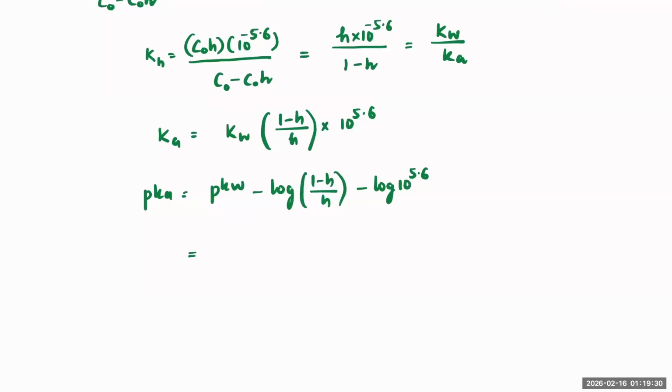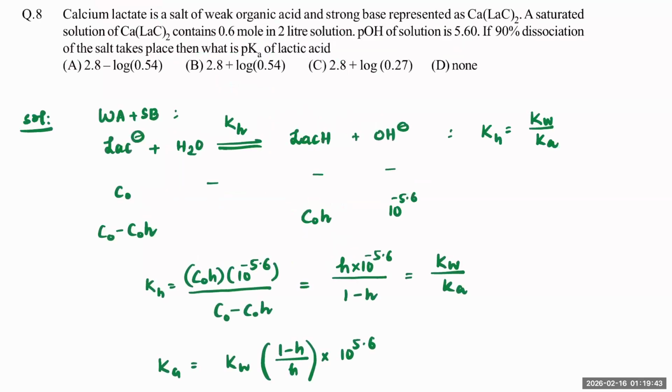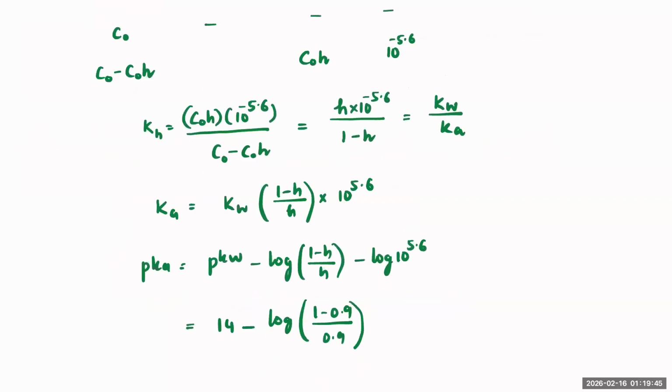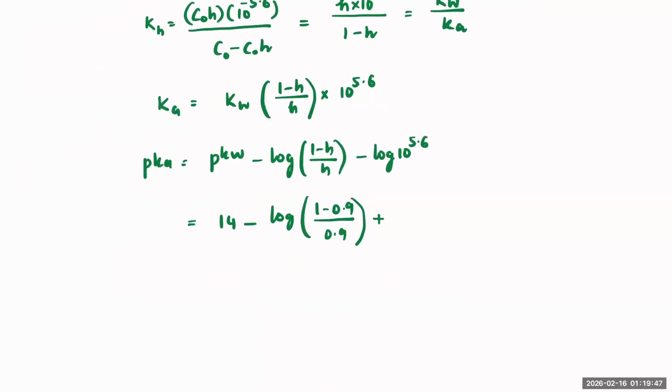So pKw value is 14 minus log of 1 minus, this was 90% ionized, so 1 minus 0.9. As per the question, I think it is 90%. And this I can write as plus log of 10 raised to power of minus 5.6.